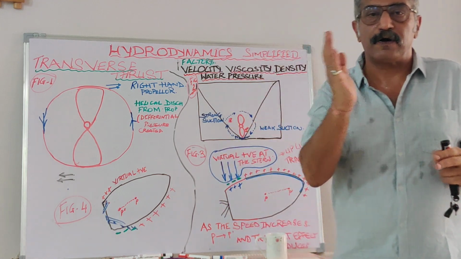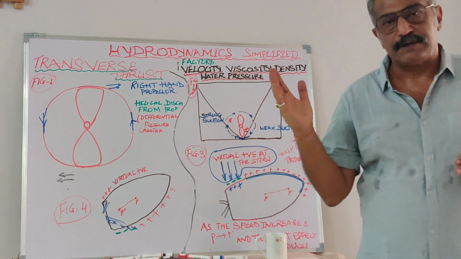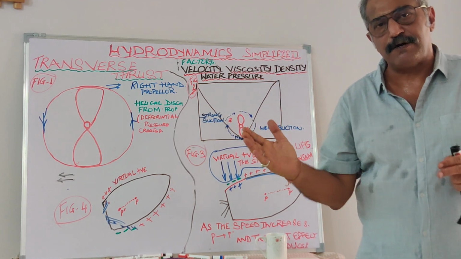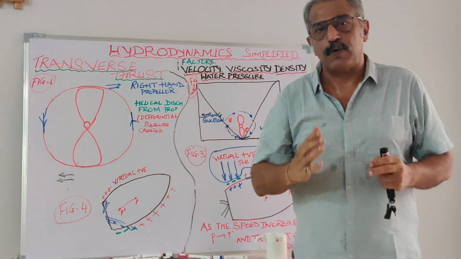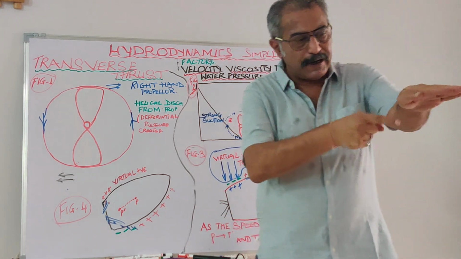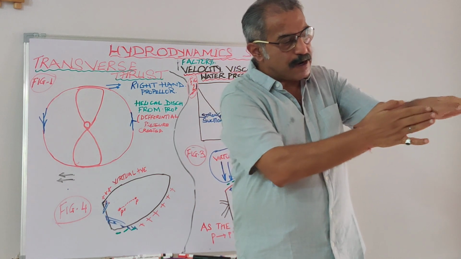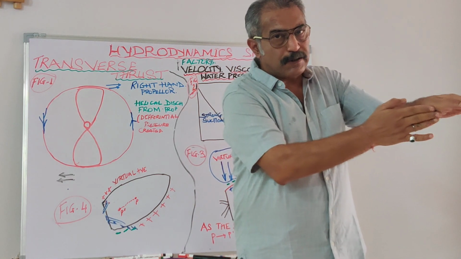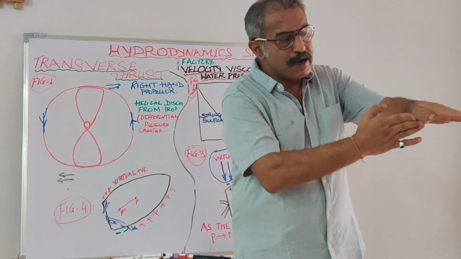It's sucking the water from the stern starboard and throwing it on the port, that is the port quarter. So because of that, when the vessel is going astern, the vacuum is created on the starboard side, and you get a push on the starboard quarter, and that push also helps the vessel to cant to starboard.